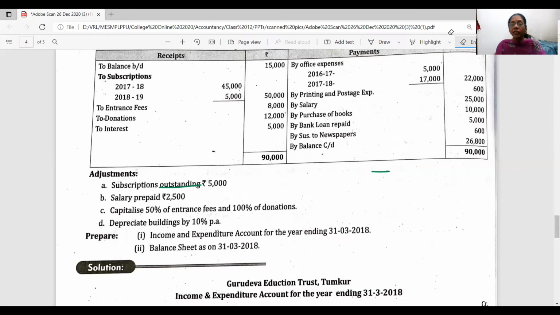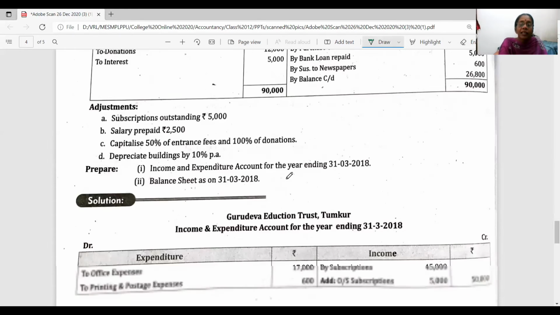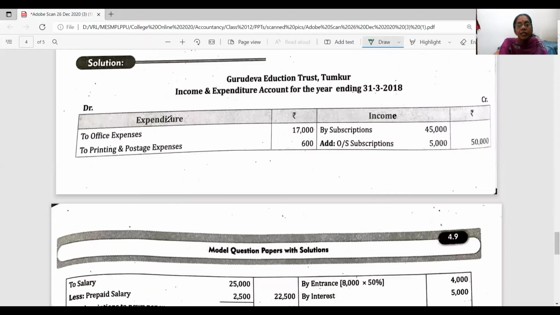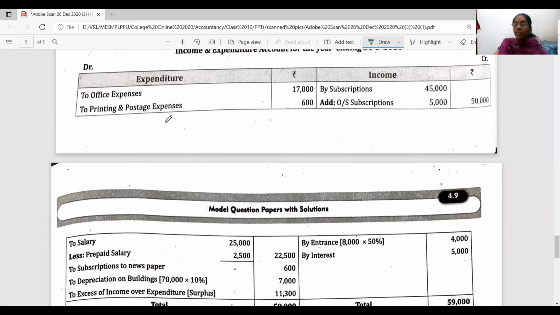Now, when you are through with these adjustments, when you are preparing the income and expenditure account, what you do exactly is you always start with the debit and credit sides. Debit side marks the expenditure and the credit side would be income. It's a crisscross, that is, you have to take the opposite side. And the second point, I told you, take only revenue items.